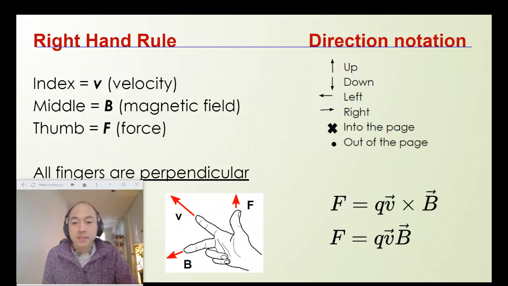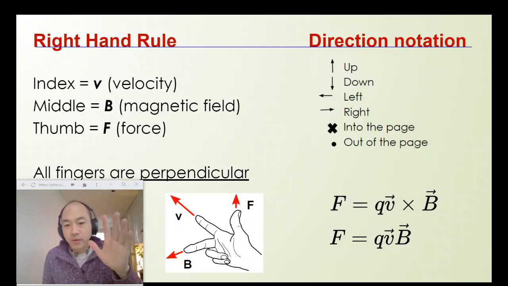Last time we talked briefly about the right-hand rule. The right-hand rule relates the moving charge through a magnetic field and the force felt on that charge. If we have a particle moving with a velocity v through a field, it feels a force from the magnetic field.